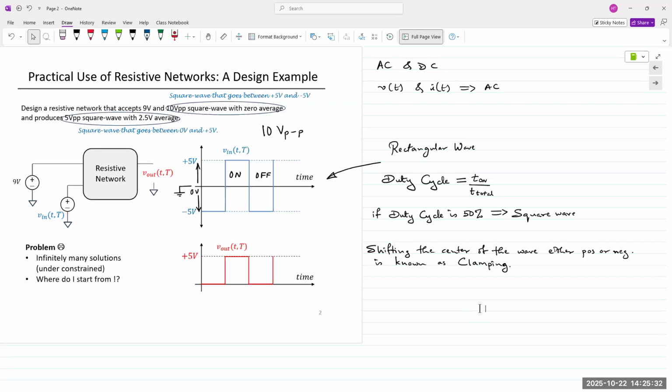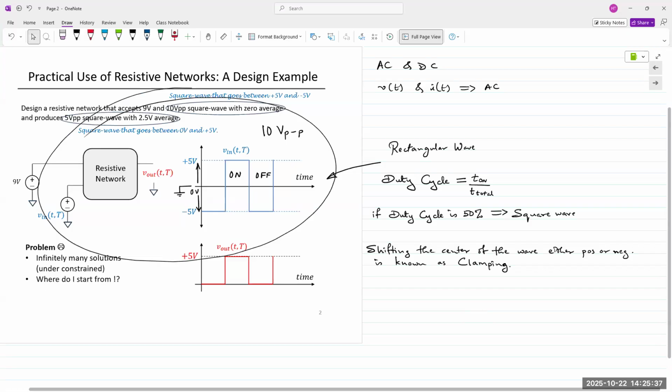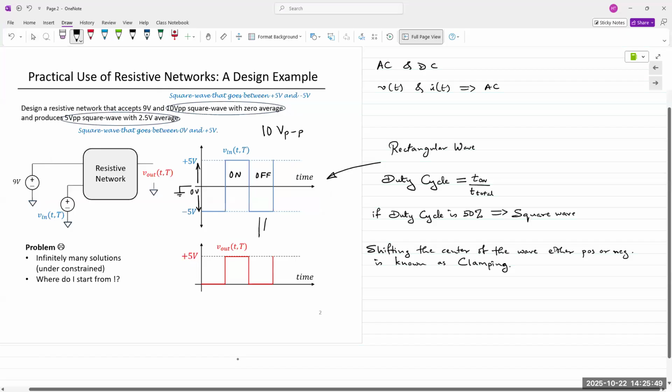So in this design problem, we have this kind of waveform, a square wave plus minus 5 volts, a total peak to peak swing of 10 volts. And then we are asked to obtain this kind of waveform.